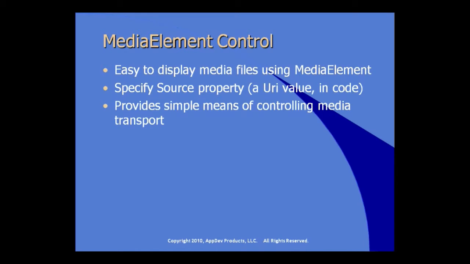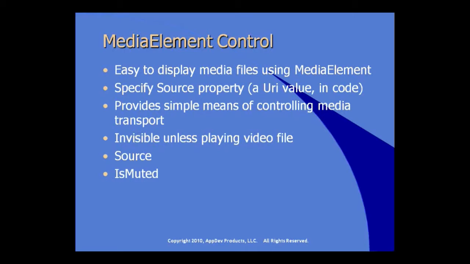It provides a simple means of controlling the media transport. You can play, pause, stop, and so on. The control is invisible unless you're playing a video file. So if you want to play an audio file, the media element will have no user interface, no interaction with the user. Now you must specify the source property to play some media.